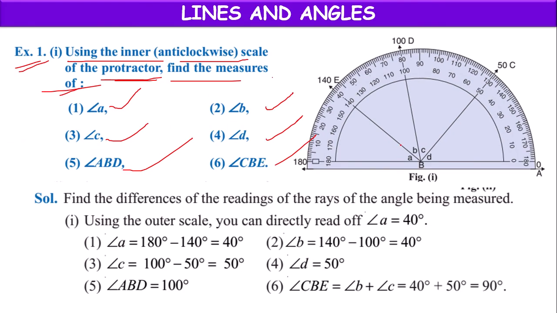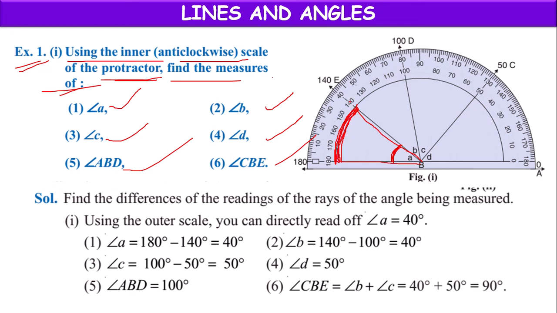This arc represents angle A. Because we have to use the inner scale, that's why we are taking this arc. This is one arm, this is another arm, this is the arc between the two arms.